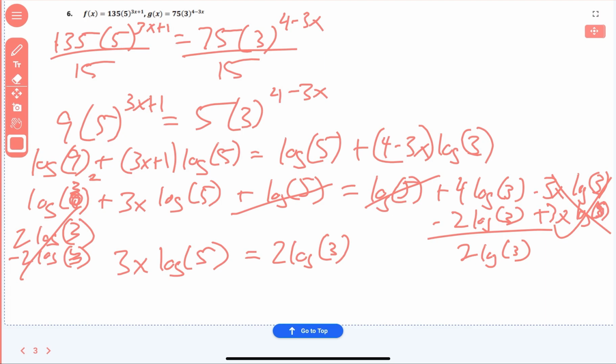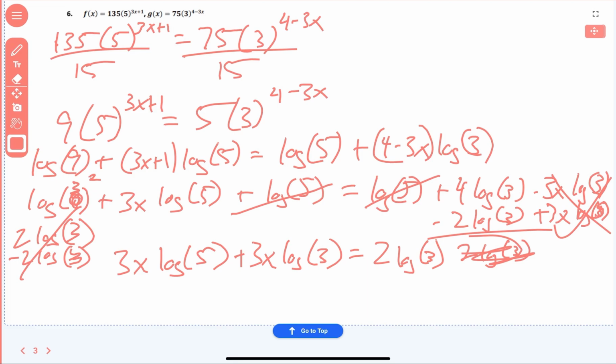That was supposed to be 3x log 5. Oh, I'm supposed to move that to this side. I didn't ever move it to the side, did I? That's what it was. That cancels, but I got to write it over here. I knew I messed up somewhere. So this is plus 3x log 3 equals 2 log 3. Okay, now we're good. I knew I got rid of it too quick.